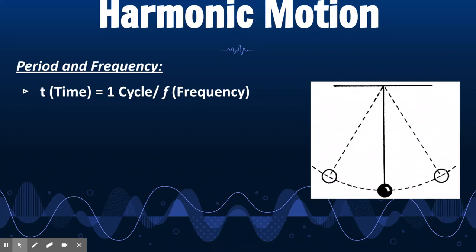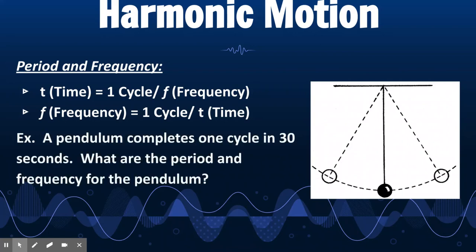If our frequency is 2 hertz, 1 divided by 2 is going to be 0.5 seconds. Frequency can also be determined by taking the cycle and dividing it by how long it took for one complete cycle to happen. Frequency is equal to 1 divided by period, and that's how that works.